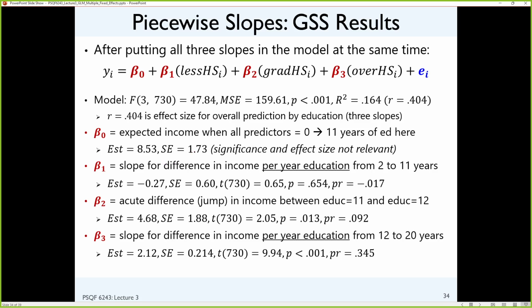So I can talk about what happens as we move backwards from 11th grade, or I can talk about what happens as we move forwards from 11th grade. We'll go backwards first. Beta 1 is the slope of less than high school.